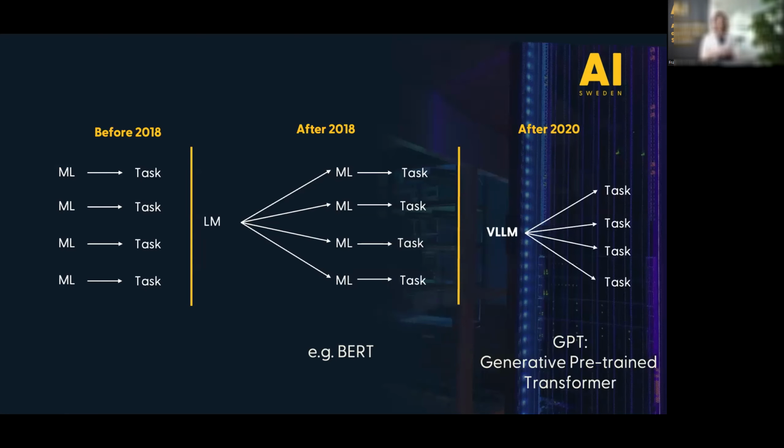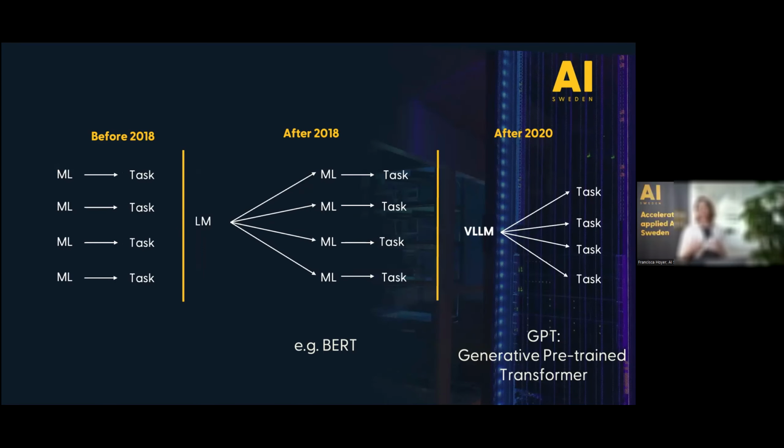Then in 2017, Google published a new way of training language models called transformers. With these new model architectures, something new became possible: we pre-trained models on large amounts of data so that they got a general understanding of how text or language works. And then these models could be adapted to different tasks, but always with the same model in the background.